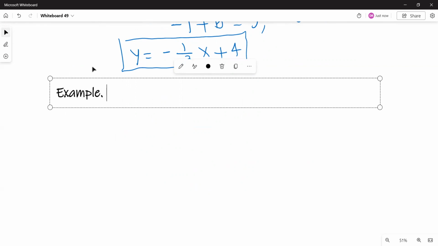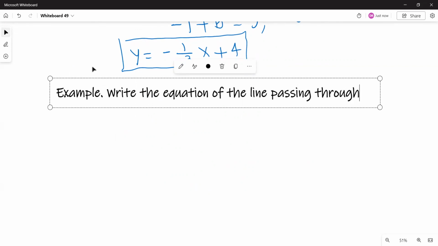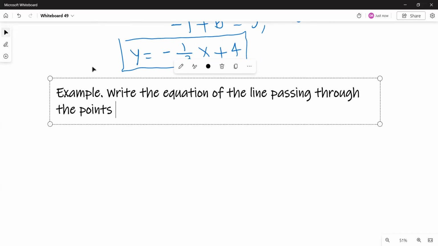We're going to write the equation of the line passing through the points -4, 5, and 2, 1. We're going to write the equation in standard form.